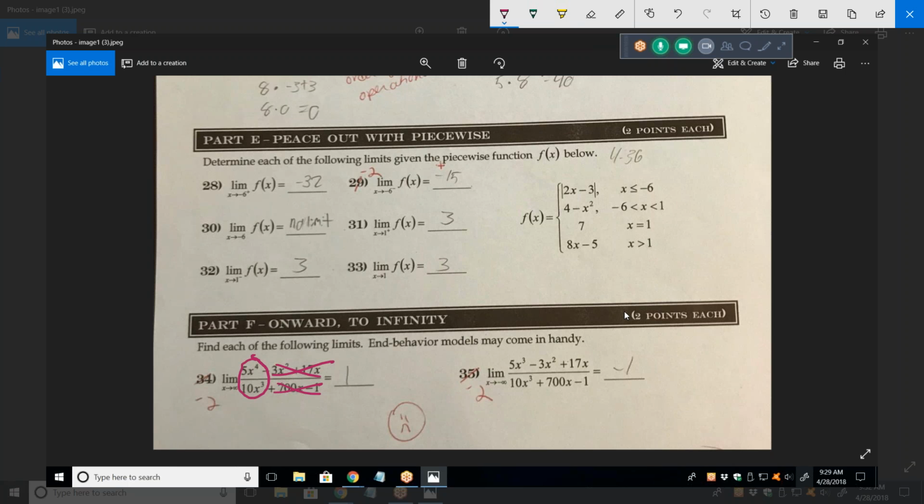So what is this limit? X to the fourth over x to the third as x goes to infinity. Well, first of all, cancel it out, turn it into an x. So what's that go to as x goes to infinity? Positive infinity. And the second one, we're going to negative infinity.